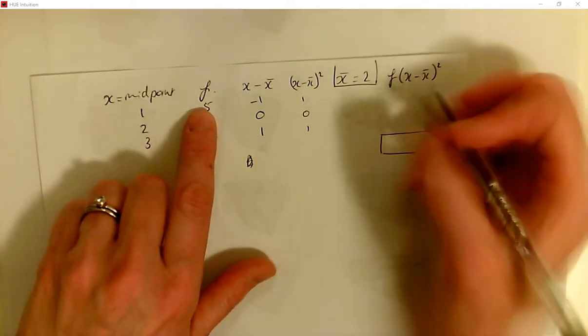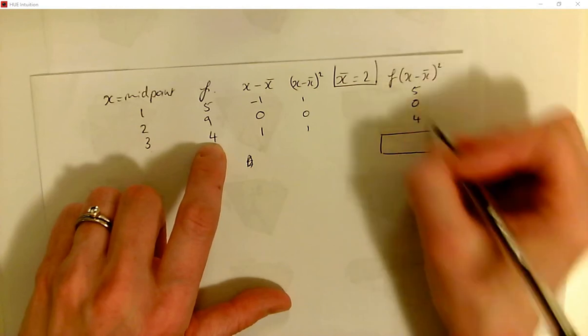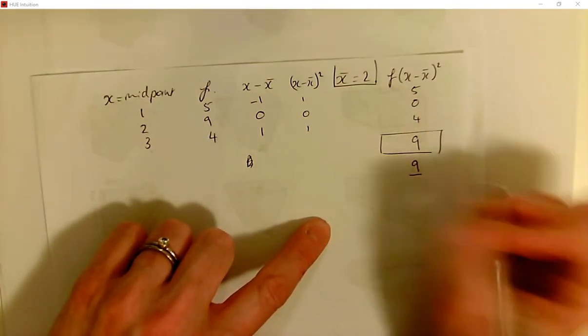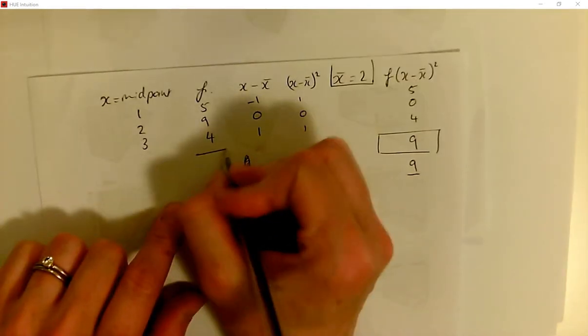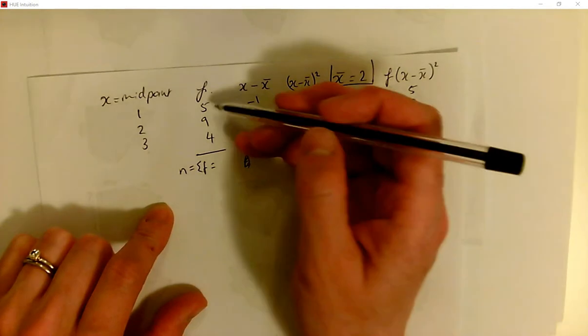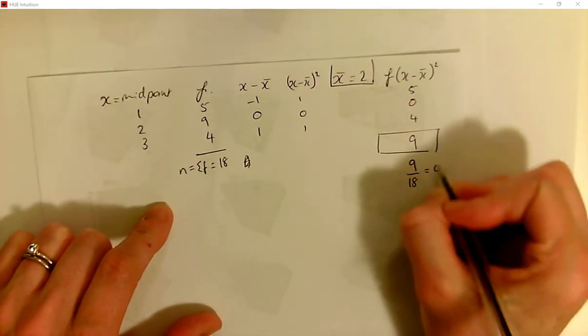So we're doing 1 times 5, 0 times 9, 4 times 1, add those up, okay, and then divide by how many there are. So 9 divided by the total frequency, which is the sum of the f's. So what's that, 18? So we do 9 divided by 18, which is 0.5.